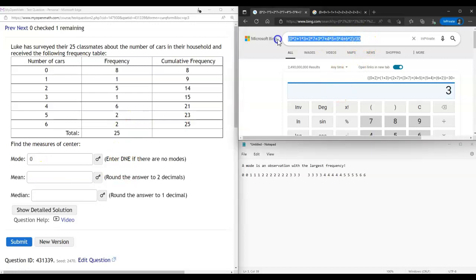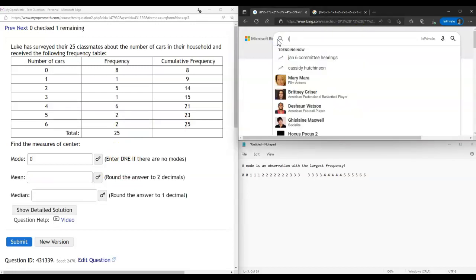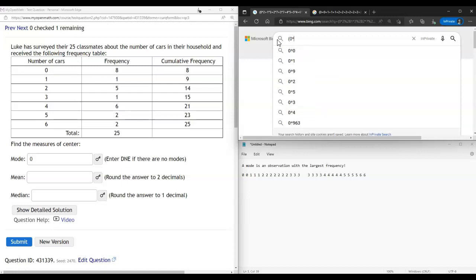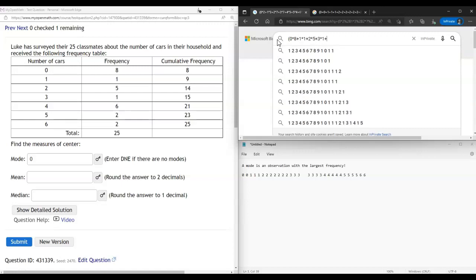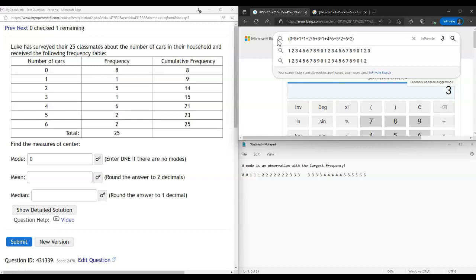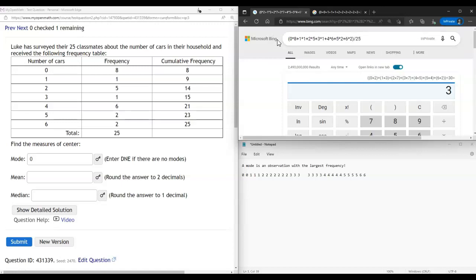To find the mean, I'm going to use the formula: 0 times 8 plus 1 times 1 plus 2 times 5 plus 3 times 1 plus 4 times 6 plus 5 times 2 plus 6 times 2, and all that we're going to divide by 25, and the mean is 2.4.